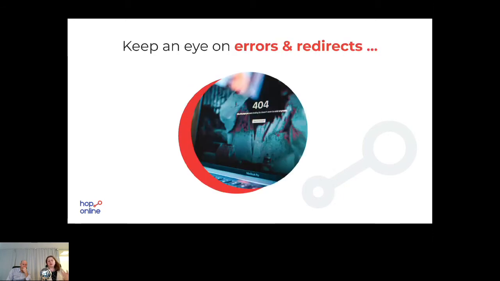So the most common issues that we have encountered when it comes to SaaS websites, the first thing that I'm going to mention are the errors and the redirects. So nobody likes errors. This is bad both for users and for search engines.